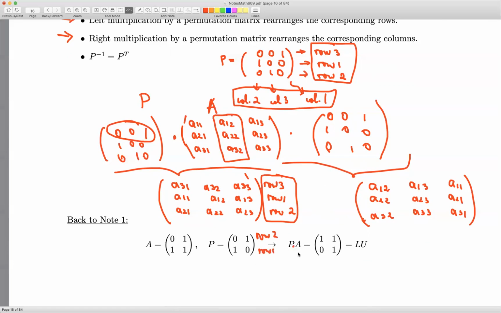When I multiply P times A, the resulting matrix is the matrix where first is row 2, and then row 1. And then this matrix does have an LU factorization. So the matrix A did not have an LU factorization, but if I permute the rows in A, I end up with a matrix PA, and this matrix PA has an LU factorization.